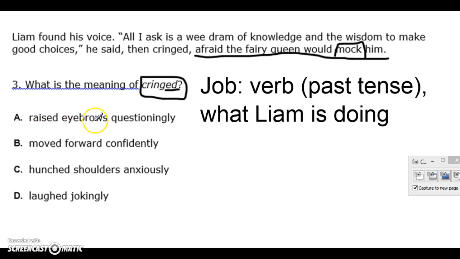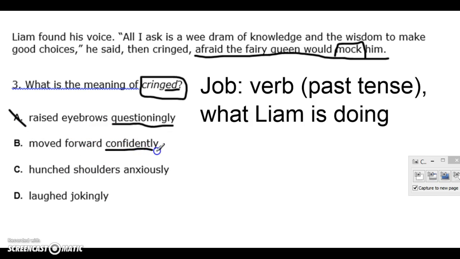A says raised eyebrows questioningly. Questioningly isn't negative, it's more neutral. This is what I would do if I had a question about something, not if I was afraid of someone, so I'm going to cross off A. B says moved forward confidently.